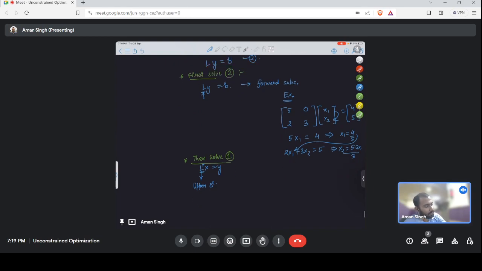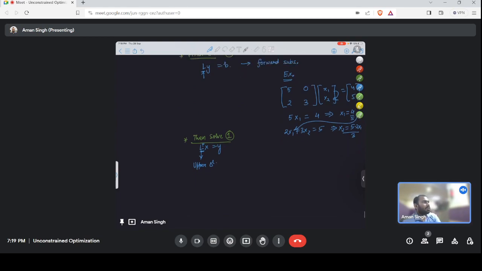Instead of starting from x1 and going on to xn, you start from xn and go back to x1 to find the solution. It is still computationally inexpensive because you're not finding any A inverse. In this way you can solve Ax is equal to B. We'll have to solve a lot of Ax equal to B linear equations in optimization, and this is the method we'll generally use to solve those equations.